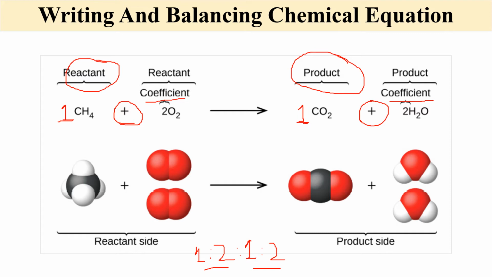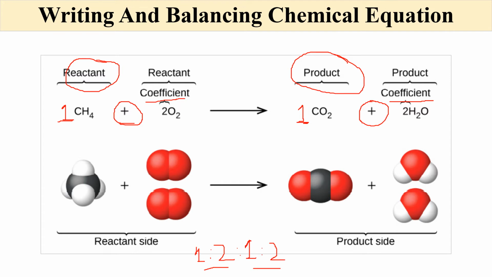Another way of presenting this information is 1 dozen methane molecules and 2 dozen oxygen molecules react to yield 1 dozen carbon dioxide molecules and 2 dozen water molecules, or 1 mole of methane molecules and 2 moles of oxygen molecules react to yield 1 mole of carbon dioxide molecules and 2 moles of water molecules.